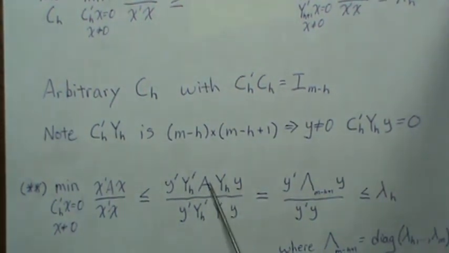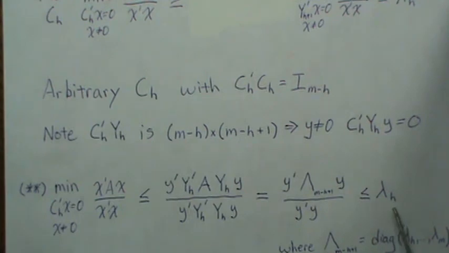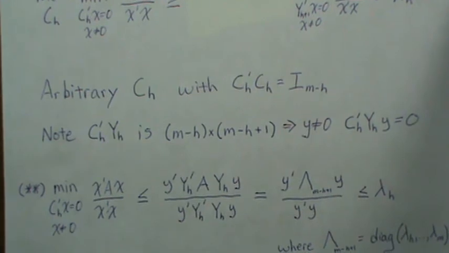And then the spectral decomp says it's this, and this has to be less than or equal to lambda h, because this lambda h is the largest eigenvalue in this diagonal matrix. But this relationship is true for whatever ch we pick.